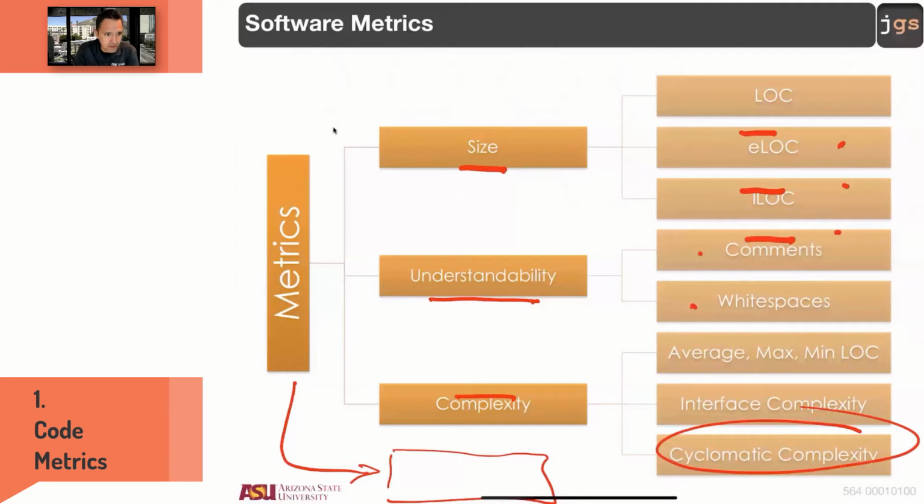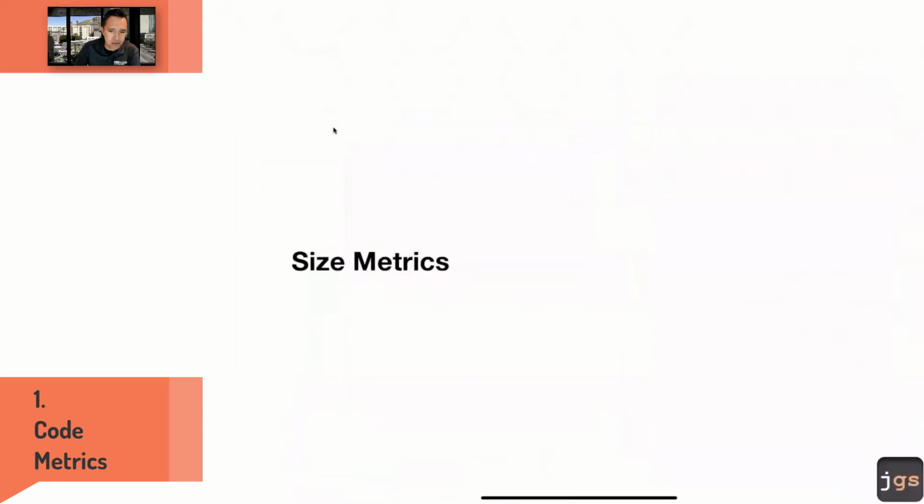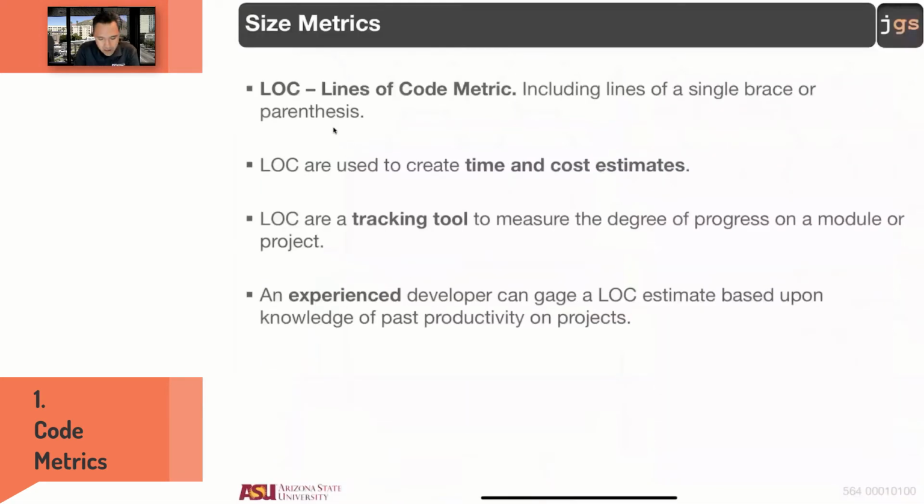So talking about this, lines of code, cyclomatic complexity, and understandability. Quickly, because again, I assume you know them. So size. Number 1, lines of code. Lines of code, just like that, these represent every single line in your files. How many lines your files have.